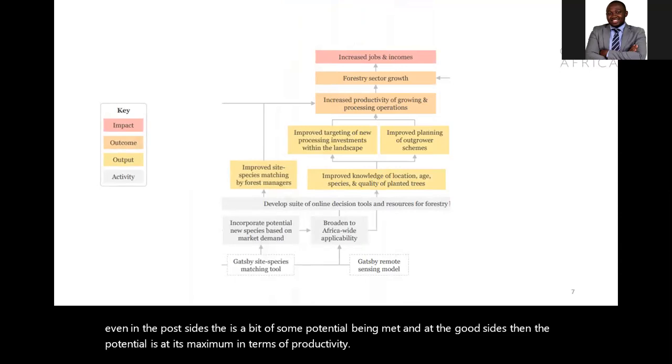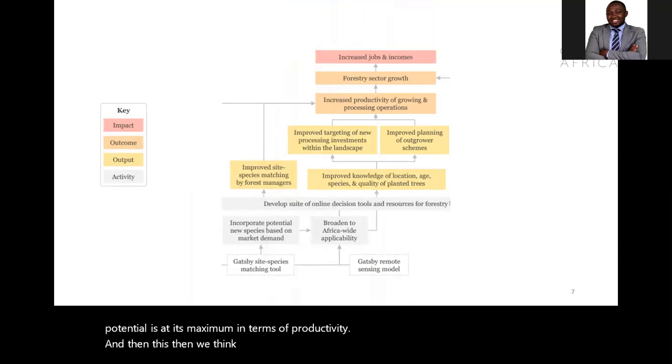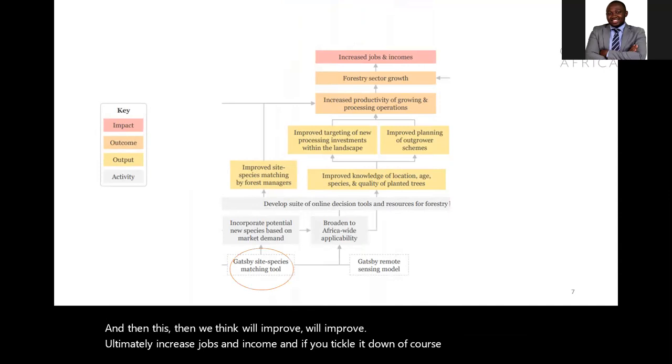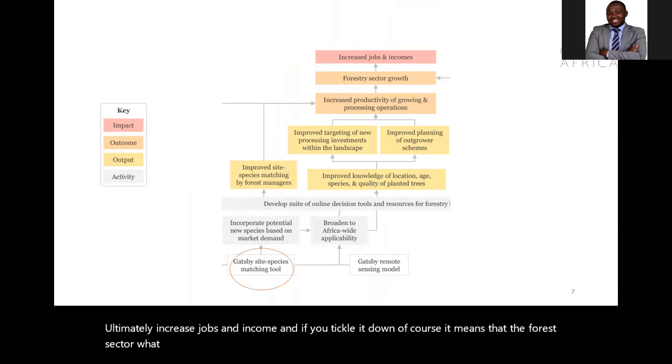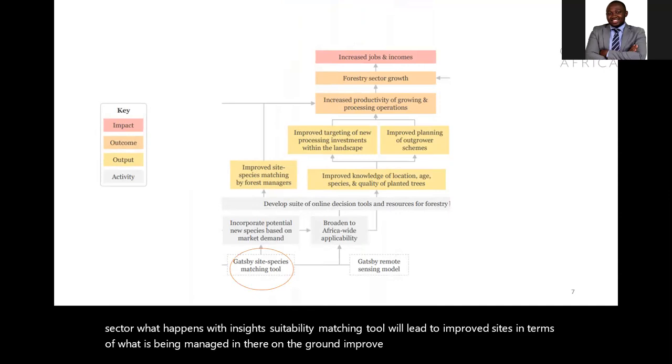And this then we think will ultimately increase jobs and income. And if you trickle it down, of course, it means that what happens within the site suitability matching tool will lead to improved sites in terms of what is being managed on the ground, improved productivity eventually, and forest sector growth.